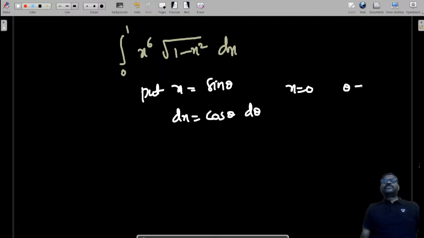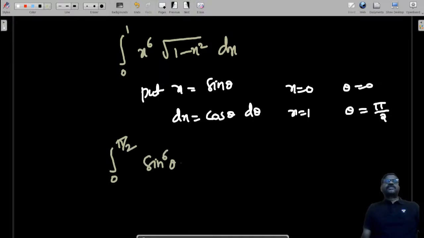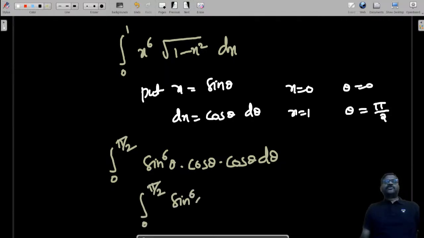When x is 0, theta is 0. When x is 1, theta is pi by 2. Integral 0 to pi by 2, x power 6 is sin power 6 theta. Square root of 1 minus sin square theta is cos theta, into cos theta d theta. That is 0 to pi by 2 sin power 6 theta into cos square theta d theta.